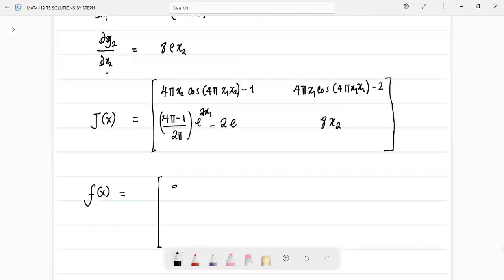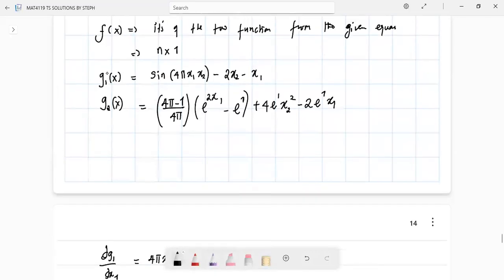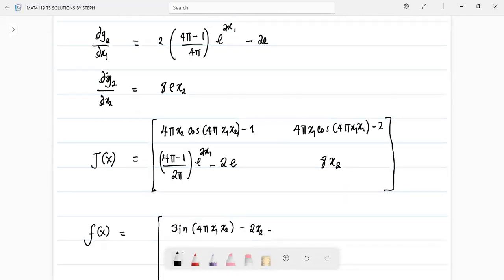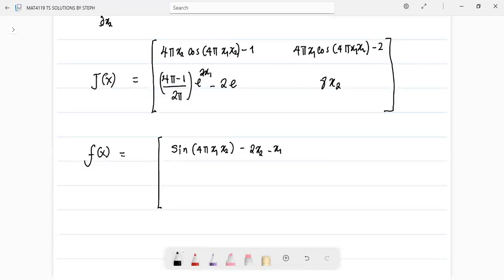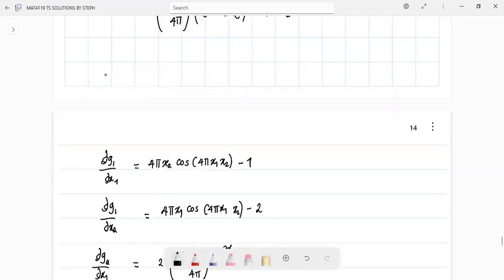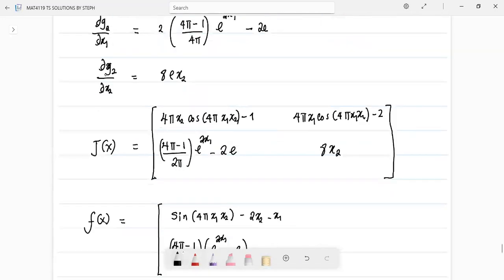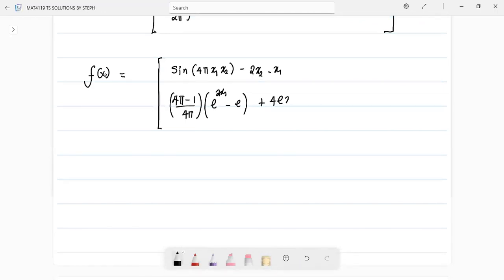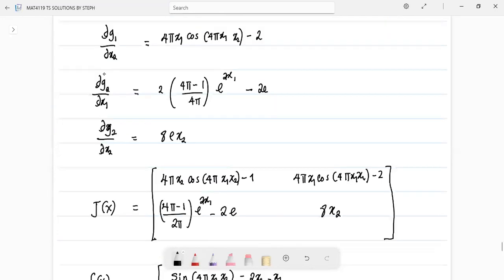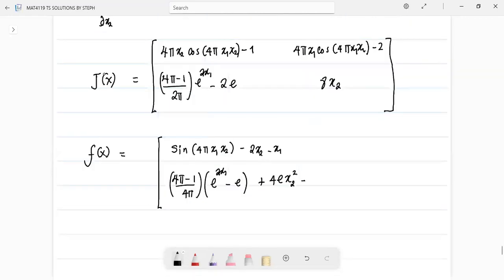So we have sine 4 pi x1 x2 minus 2x2 minus x1, and then down here 4 pi minus 1 over 4 pi, e to the power 2x1 minus e, plus 4e x2 squared minus 2e x1. So this is our 2 by 1 matrix, as you can see here.